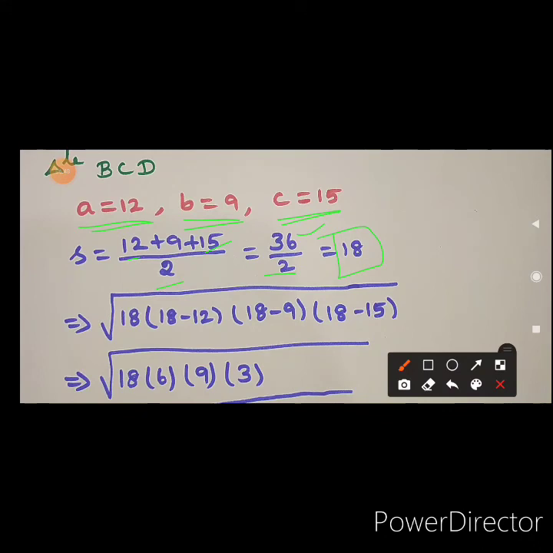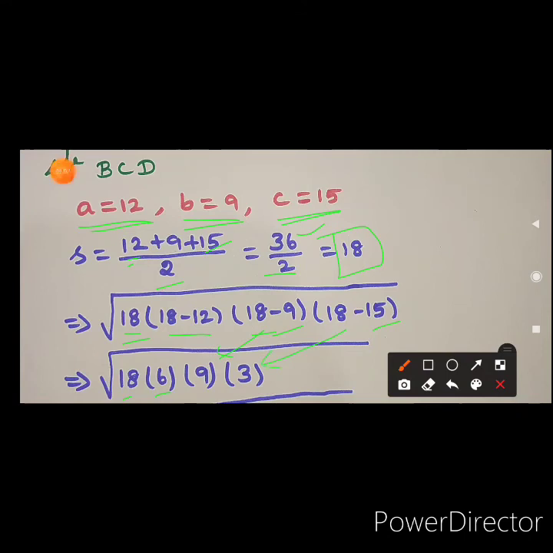So we have to use the formula 18 into 18 minus a, 12. 18 minus b, 9. 18 minus c, 15. So 18 as it is. 18 minus 12 is equal to 6. 18 minus 9 is equal to 9. 18 minus 15 is equal to 3.